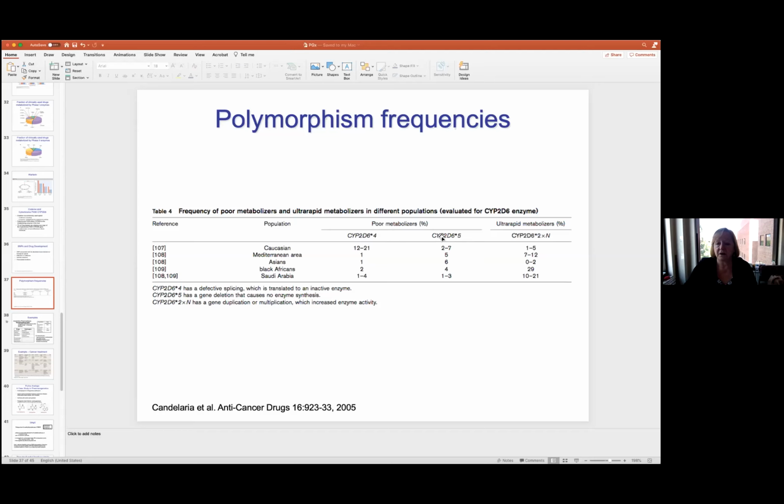And then by the same token, you have CYP2D6 people who have ultra rapid metabolism. Two different problems. But if you have an Asian patient, perhaps not as common to have a poor metabolizer or an ultra rapid metabolizer. For Blacks from Africa, very, very common to have an ultra rapid metabolizing genotype. Okay.